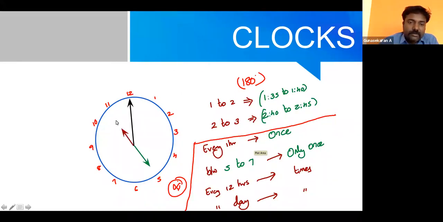Understand, when the minute hand comes here, at that time the hour hand would have come here, because in 55 minutes it will move 27.5 degrees. We know that every minute it is moving half a degree. Understand? Yeah, at 6 o'clock only they will meet.